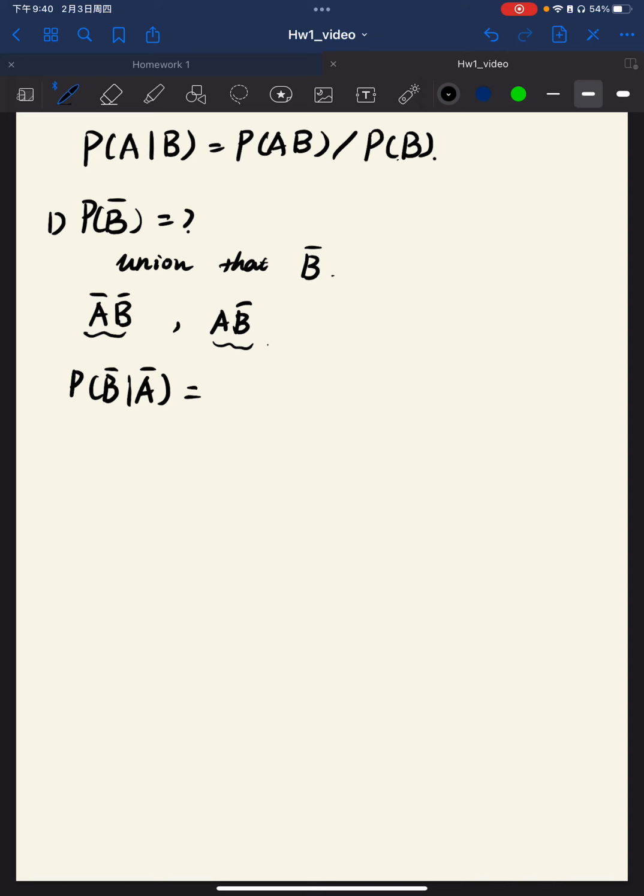The first one: receiving 0 when sending 0 is the intersection of send 0 and receive 0 divided by the probability of send 0.